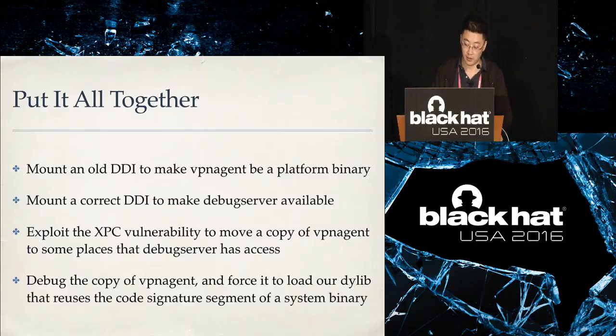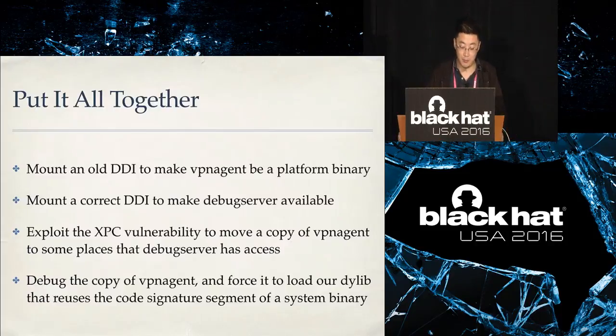So to put it all together, what we did is we first mount an old DDI so that we can make VPN agent a platform binary. And we also mount a correct DDI so that debug server is available on the iOS device. And we use the XPC vulnerability to move the VPN agent to some place where debug server has access.